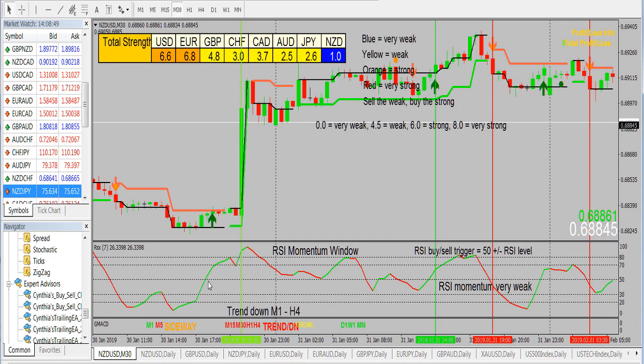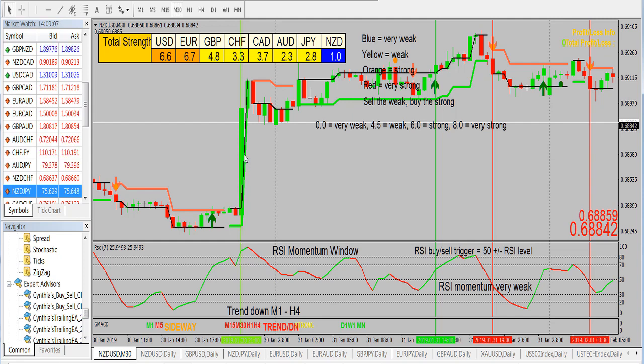Here's when it turned up and showed increasing momentum, increasing buying pressure, and then it dropped off a little bit, and then this big push, the RSI was already at the 70-80 level. That's very strong.